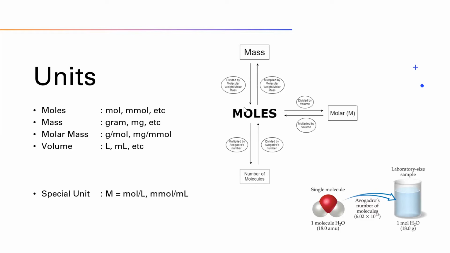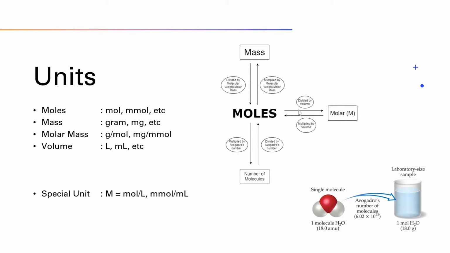For example, when you use mole unit and then you want to convert it to mass, you have to use molar mass with the same unit. You have to use gram per mole. You cannot use milligram per millimole because it will result in a different mass.